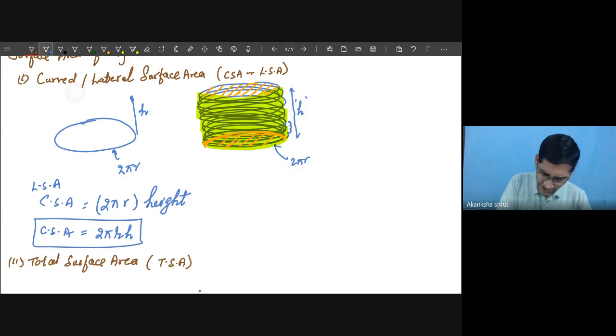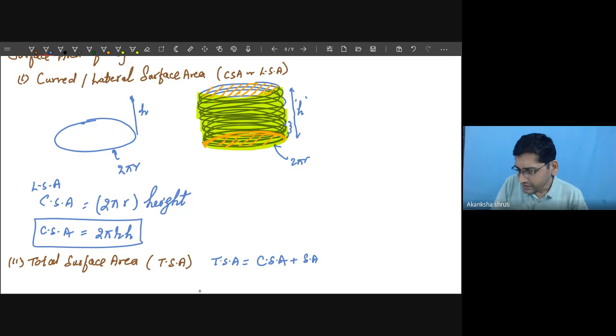So how is that TSA obtained, students? TSA is obtained by adding the bottom surface area, the top surface area and the curved surface area. If you have calculated the curved surface area, you have to add the surface area of the top and the surface area of the bottom.